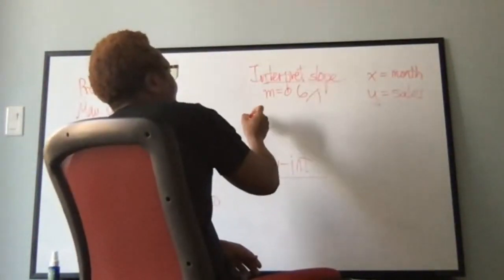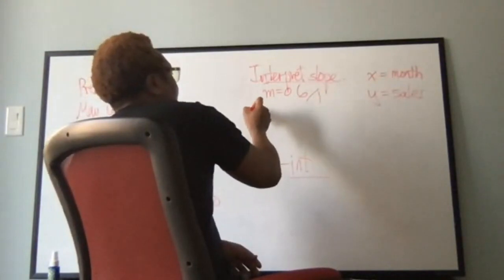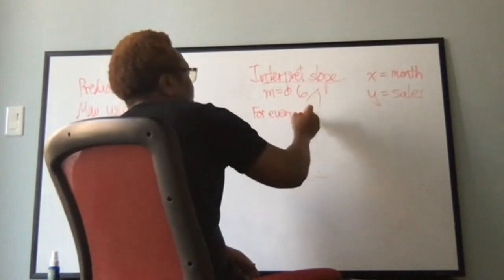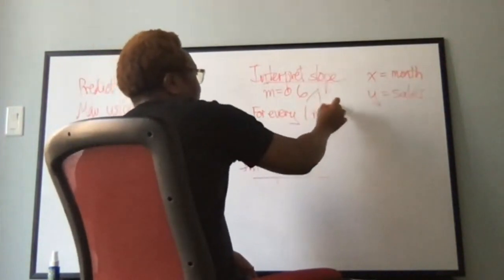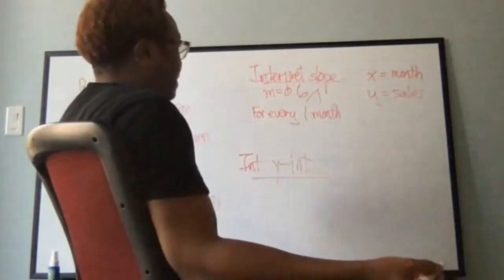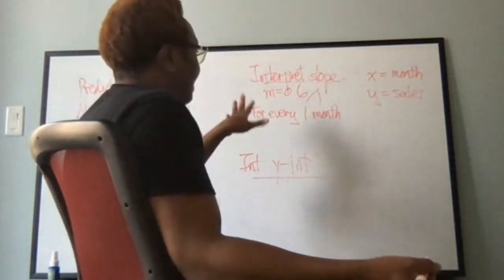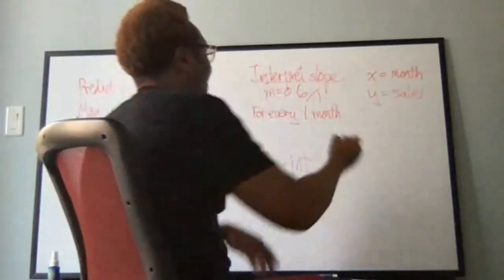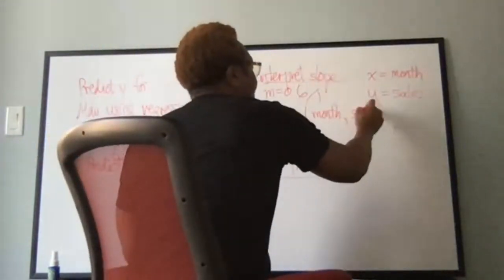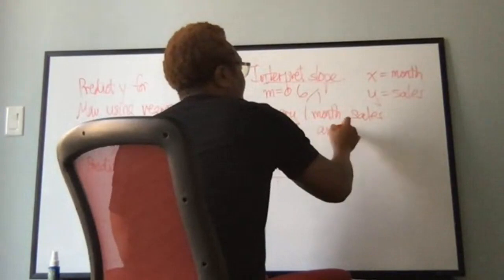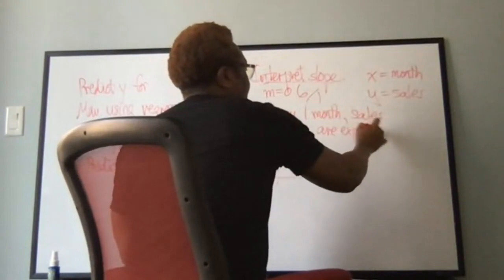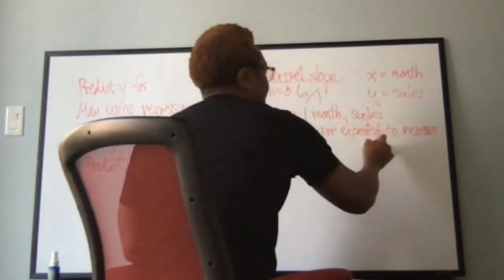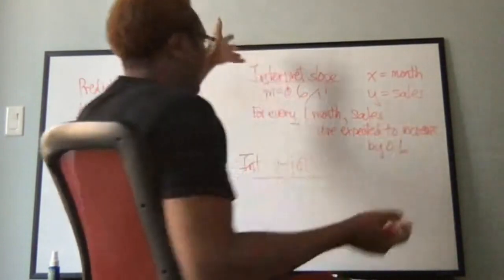So here what I have to say is something like, for every 1 month, assuming the data is monthly, sales are expected to increase by 0.6.